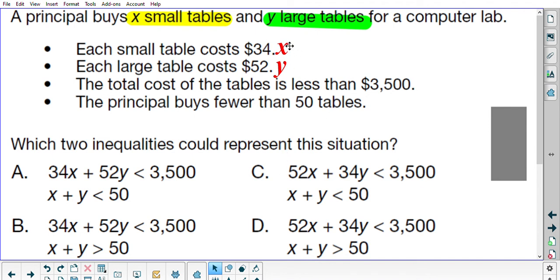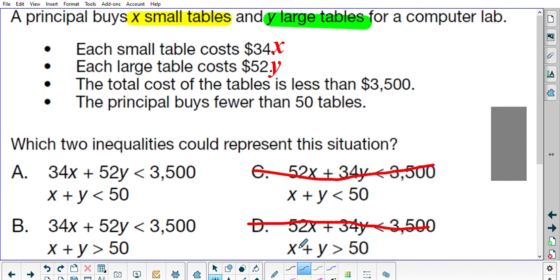The small tables, which are the X's, have $34 each. So the 34 should be multiplied to the X. The 52 should be multiplied to the Y. So choice C is no good. Choice D is no good. We can eliminate those right away. So that leaves us with choice A and choice B.